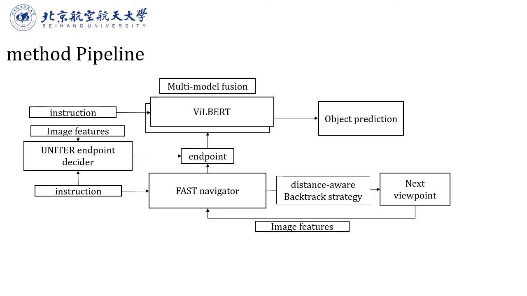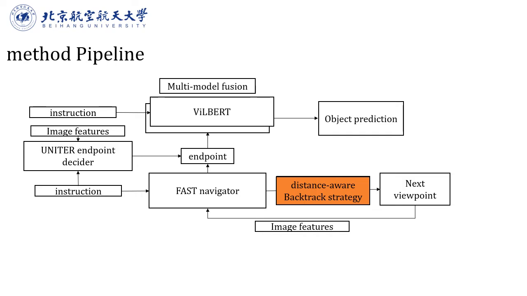Here is our method pipeline. The FASA navigator uses the language instruction and the panoramic image at each viewpoint to decide which is the next viewpoint to go to. The distance-aware backtrack strategy can reduce the search and backtrack length of FASA.